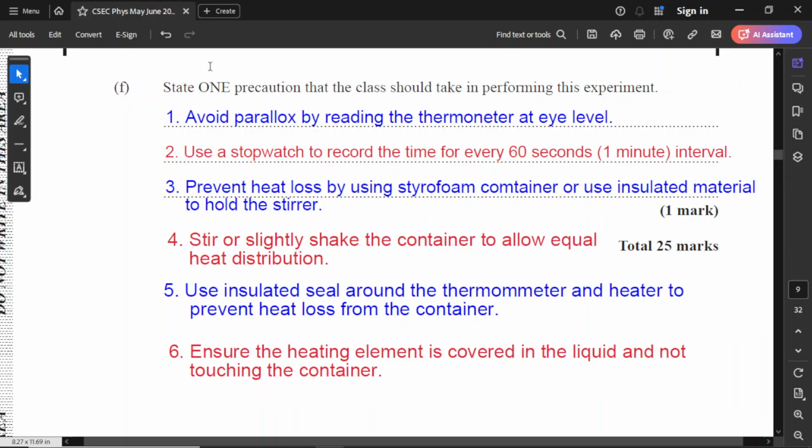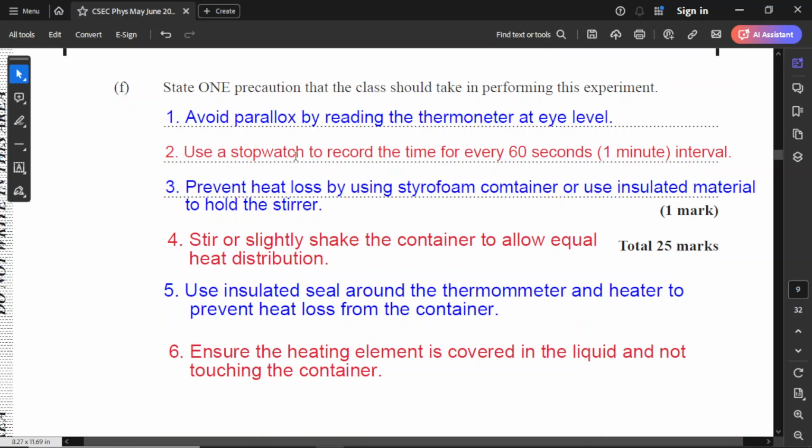All right, and here's the next: state one precaution that the class should take in performing this experiment. And one is to avoid parallax while reading the thermometer or any instrument, as a matter of fact. And so you must always read at eye level. That is very important. And so that could be one of the reasons why the answers are not exact.